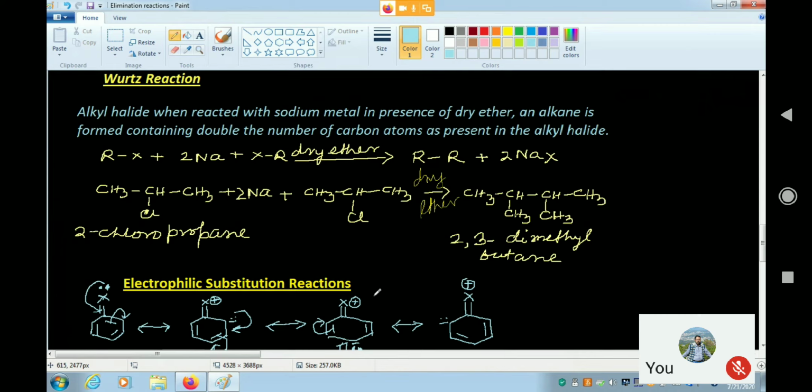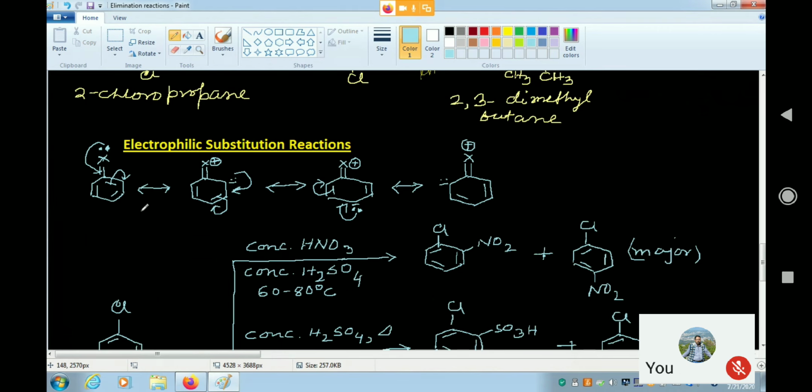The next kind of reaction is electrophilic substitution reaction. Now halobenzene, here the X is chlorine, bromine or iodine. It can have plus R effect.